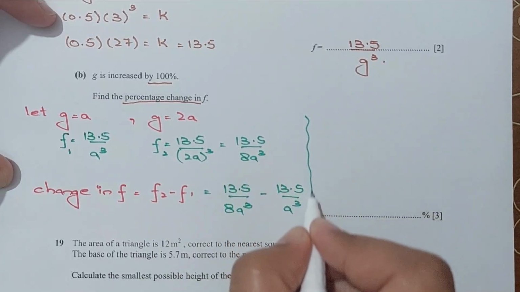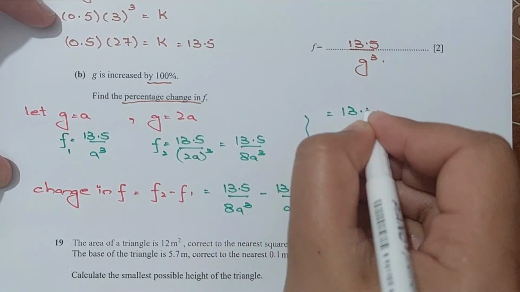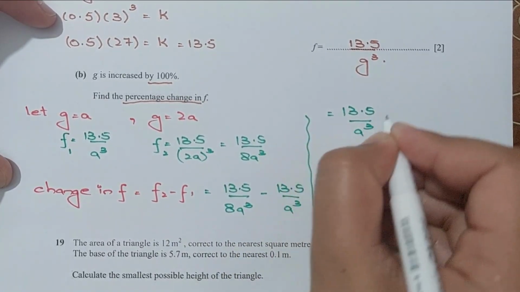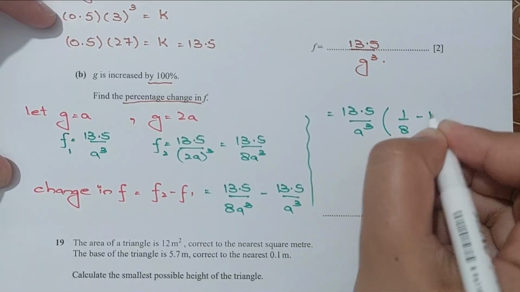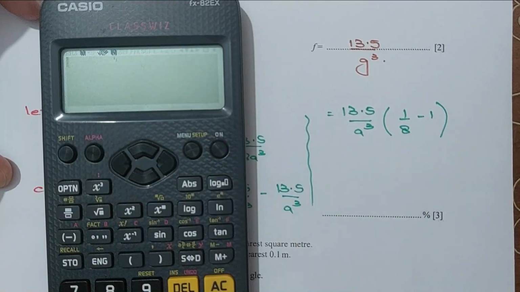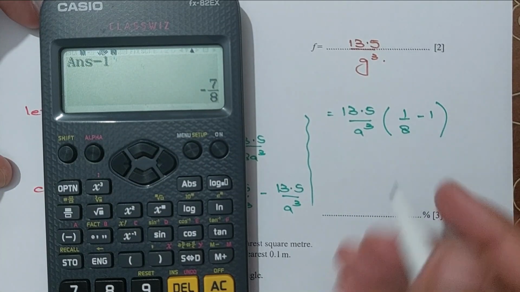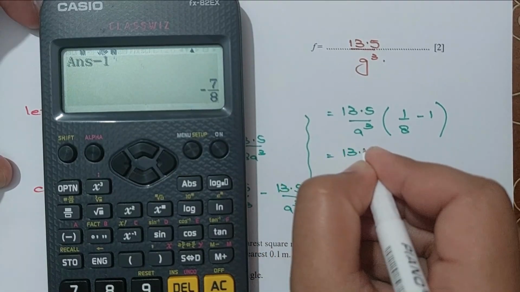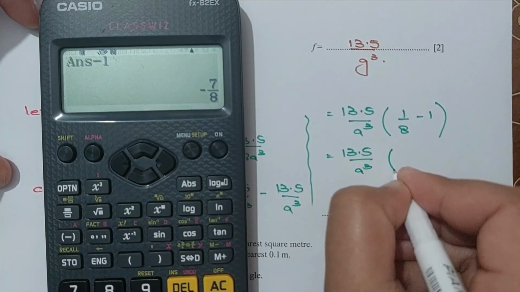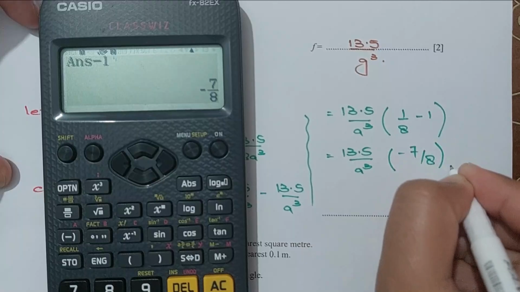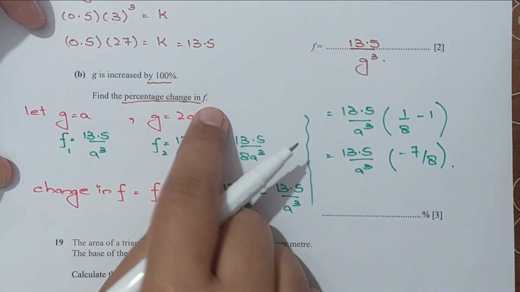For this we can say 13.5 over a cube is common. We are left with 1 over 8 minus 1. Let me simplify this. 1 over 8 minus 1 becomes negative 7 over 8.